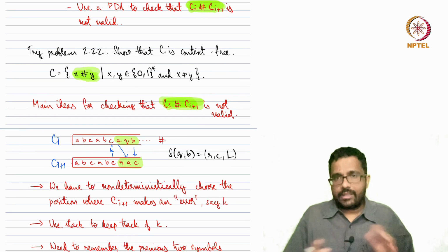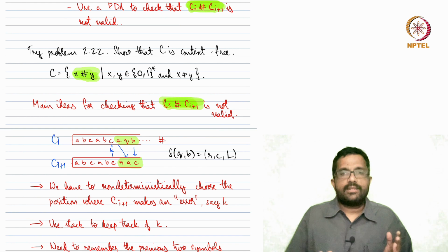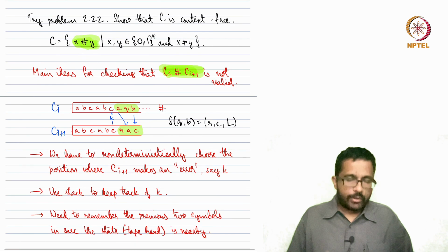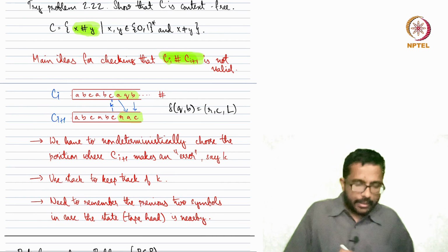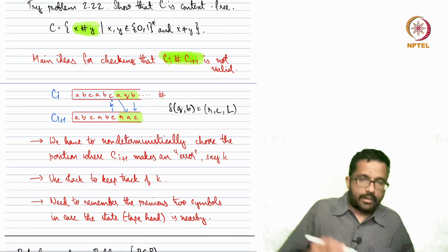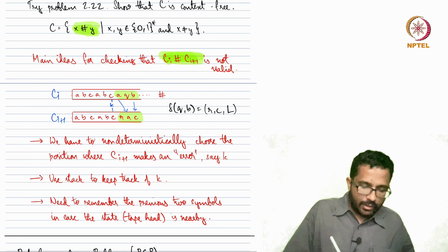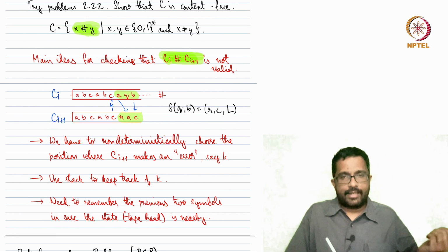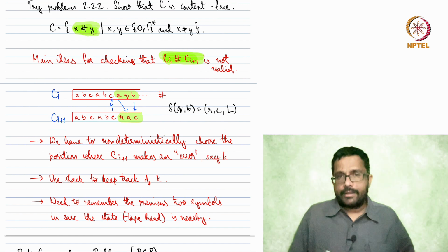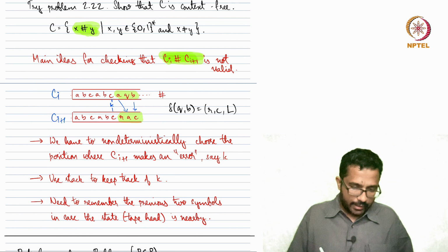I am interchangeably using PDA and CFG, right? So if there is a PDA, we can use a CFG as well. So we keep track of where to compare using the stack, and then you remember the last couple of symbols read so that you know how to adjust yourself, right?